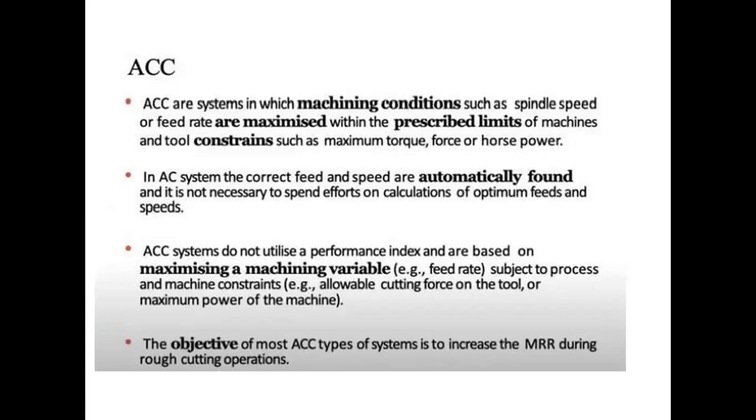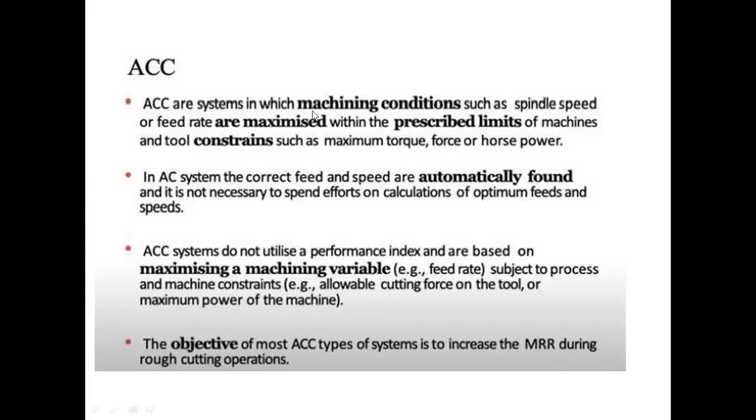These are machine or tool constraints. For example, the tool can only handle a certain temperature, maybe 1200 degrees centigrade. That is a constraint for the tool. It can only handle a certain deflection, maybe 4 or 5 mm, after that it will break.